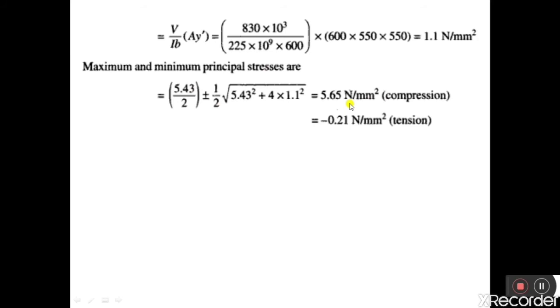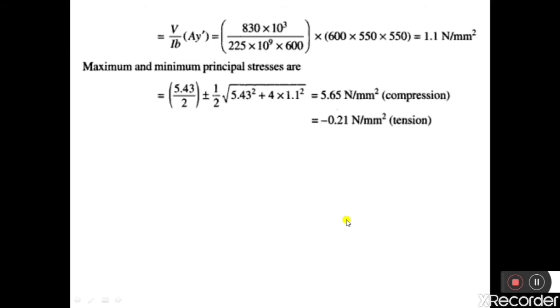So the maximum principal stress is 5.67 Newton per mm square, and minimum principal stress is minus 0.21 Newton per millimeter square. The maximum principal stress is compressive in nature, and the minimum principal stress, which is minus 0.21, is tension in nature.